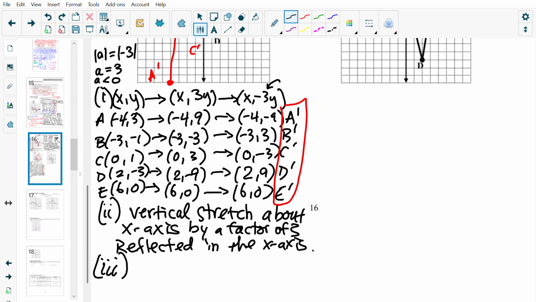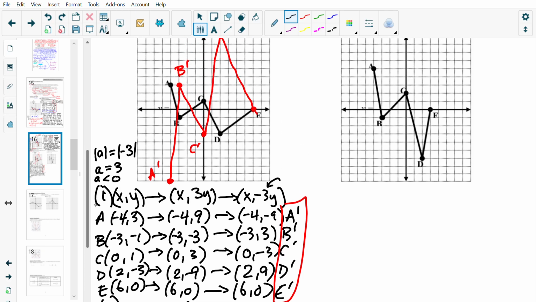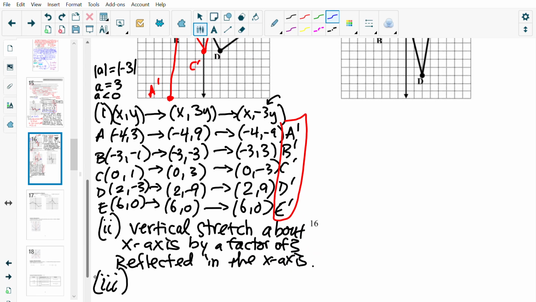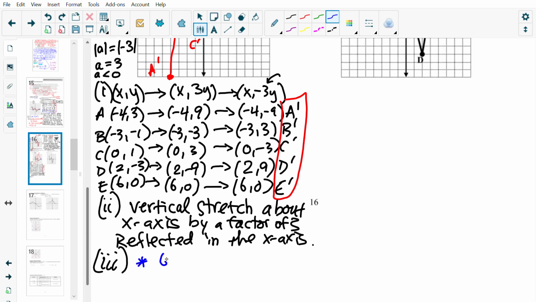State the invariant point. So the invariant point doesn't change right here, folks. Okay, so that's at 6, 0. And lastly, domain and range. So domain, I'm going to do it with square brackets, -4, 6, close the square brackets. That's interval notation. Range, I'm going to do square brackets, -9, comma, +9, and there's my domain and range.